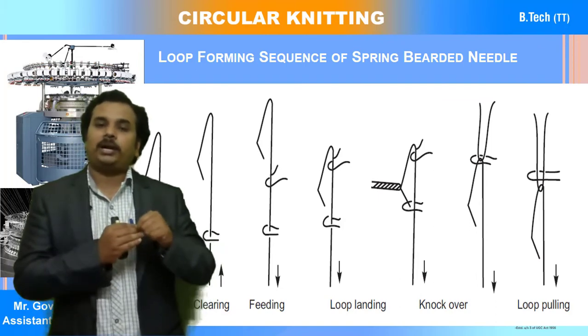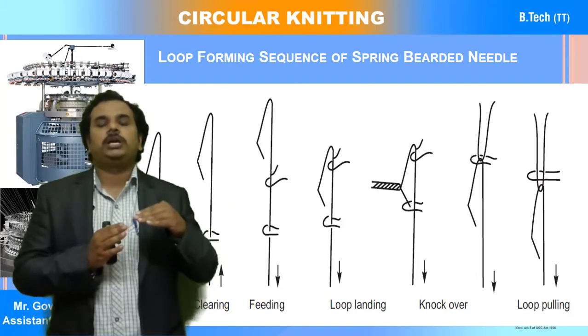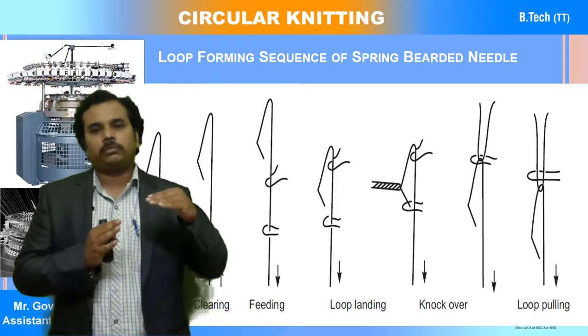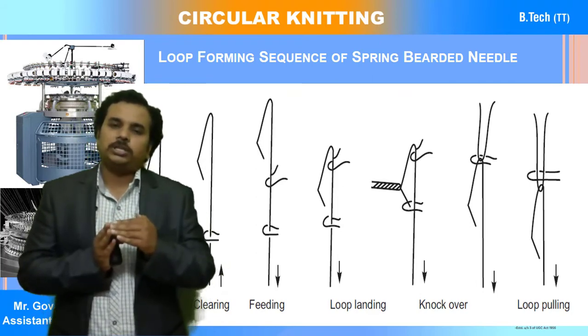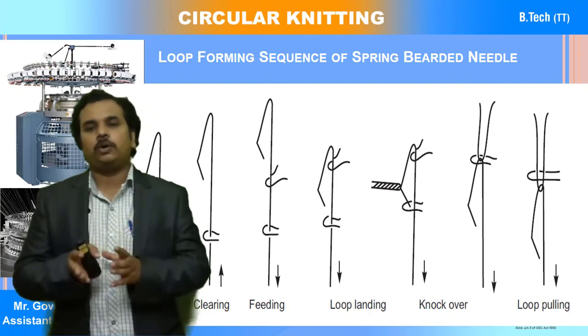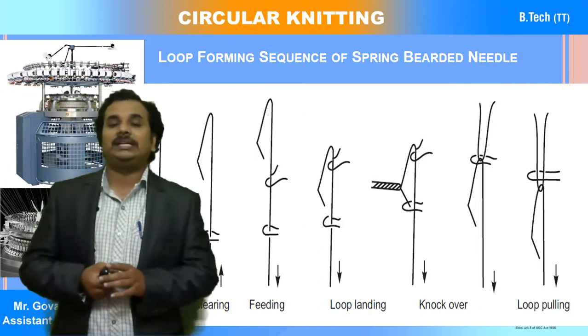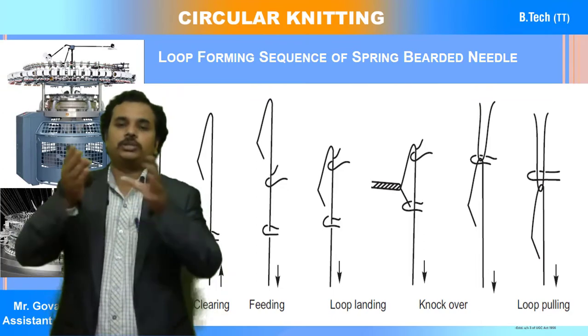After loop landing, the pressure bar is going to be operated on the spring bearded part. Now the spring bearded part is closed. Now the newly fed yarn is trapped inside the hook part.